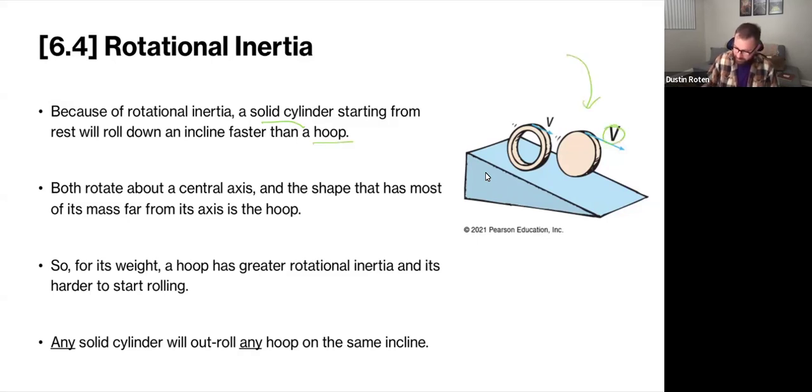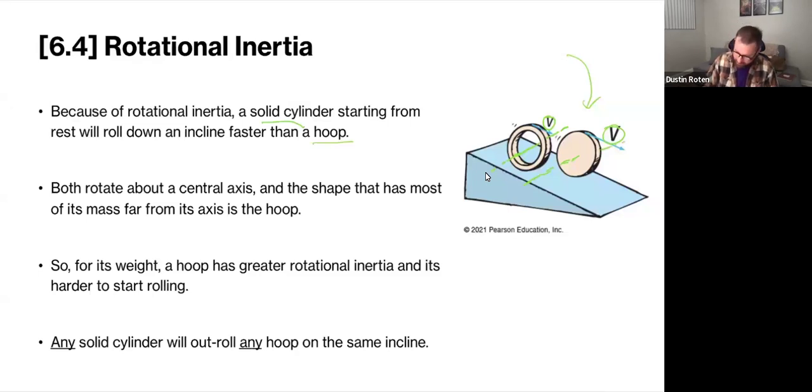So this has a bigger velocity than the hoop. Both rotate about a central axis, and the shape that has the most of its mass far from its axis is the hoop. Both of these have a central axis.